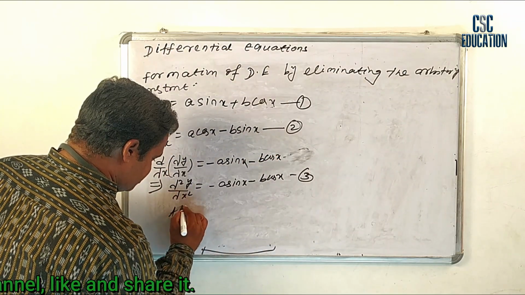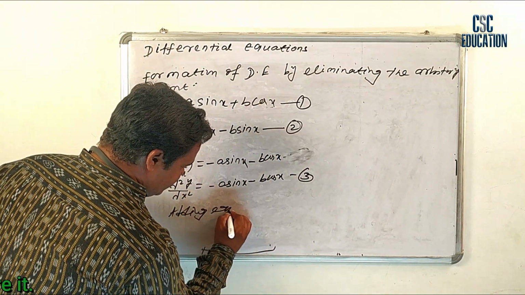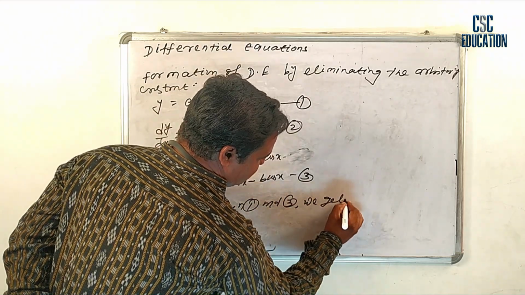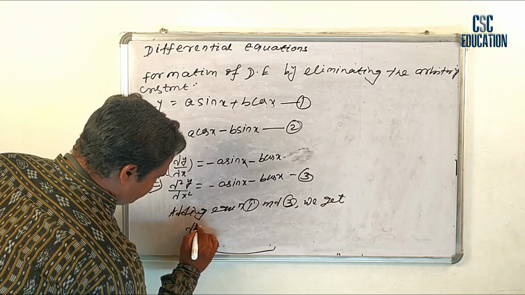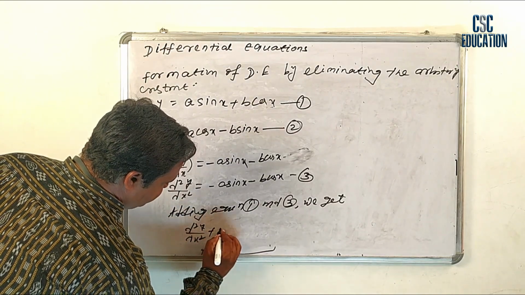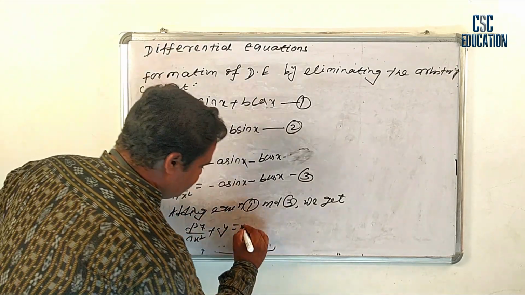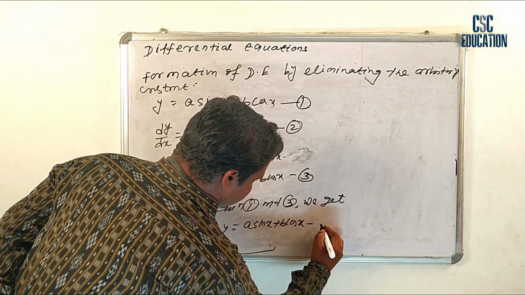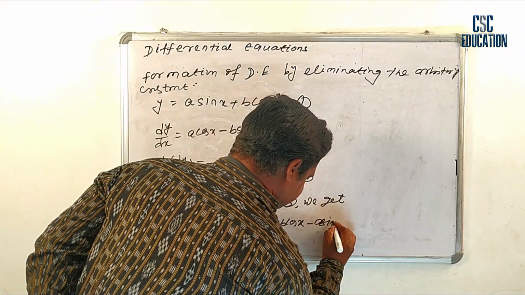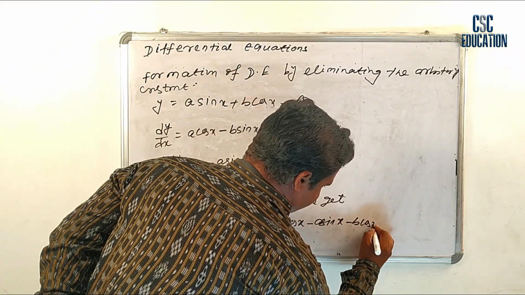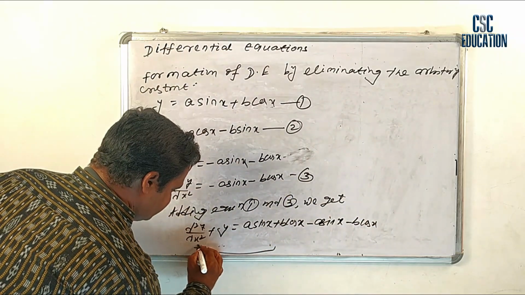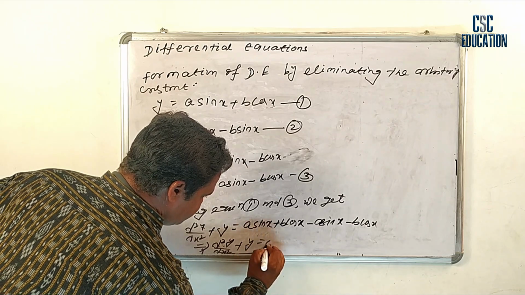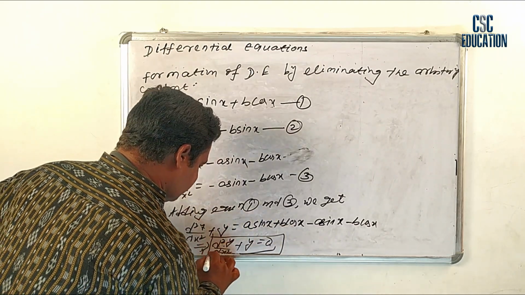So adding equations 1 and 3, d2y by dx2 plus y equals a sin x plus b cos x minus a sin x minus b cos x. Cancelling these factors, d2y by dx2 plus y equals 0. That is the differential equation.